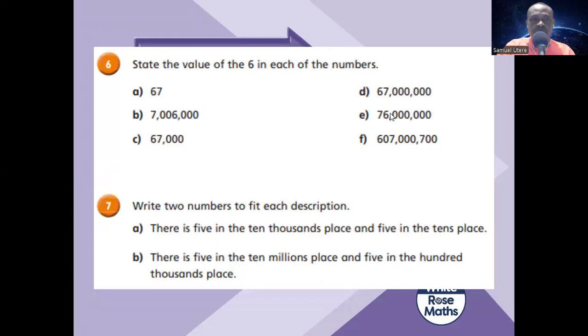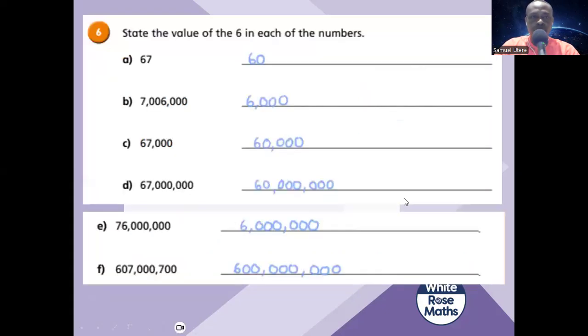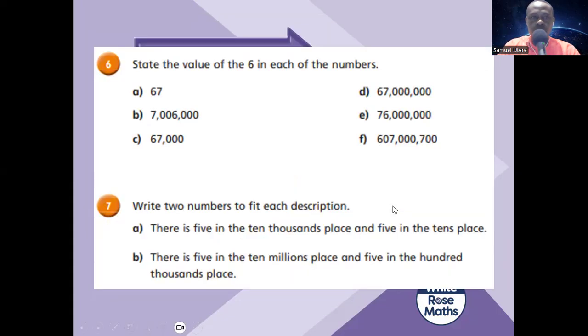Here are questions 6 and 7. Pause the video and do questions 6 and 7 in 3 minutes. Okay, assuming you've worked really hard, you've done these questions, here are the answers. Here you will see the answer to question 6.